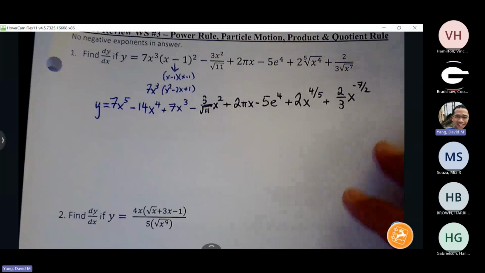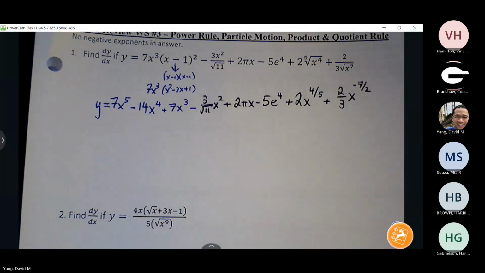Okay, so this is where we want to be before we even begin our calculus step, right? Everything is nicely set up, ready for power rule. All the parentheses have been resolved. All the expansion has been resolved. All the radicals in the denominator have been moved up. All the radicals have been converted. Any numeric value that's below a variable has been pushed out in front.